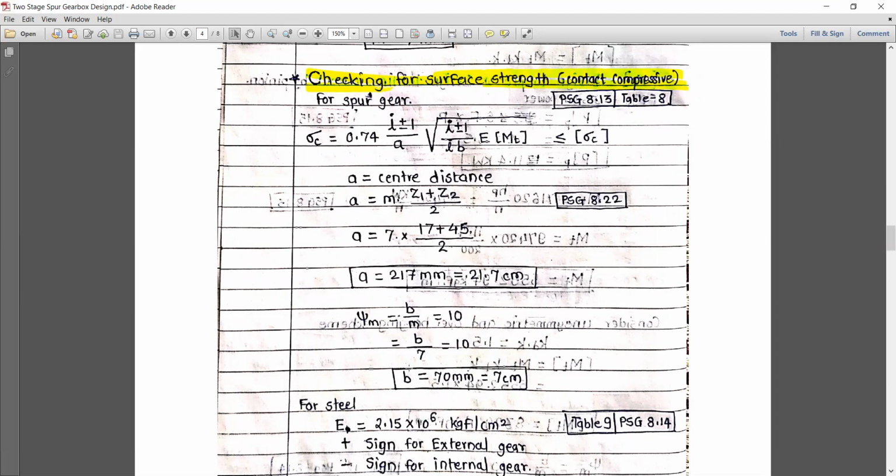This induced sigma c value should be less than the design sigma c value. You can refer PSG.